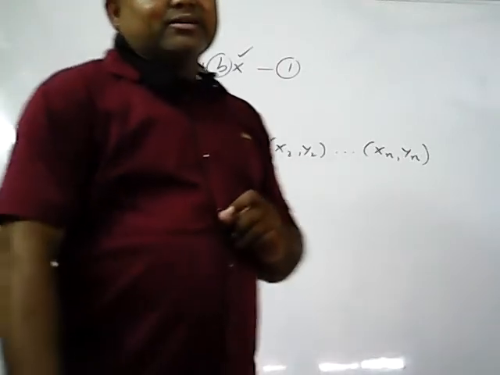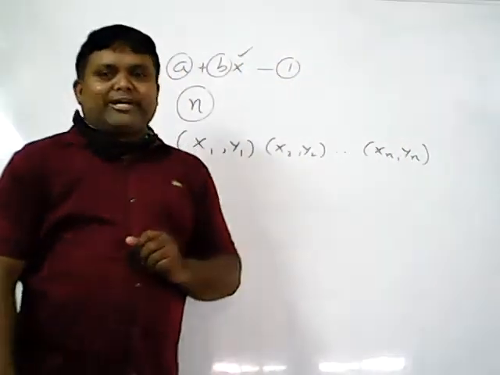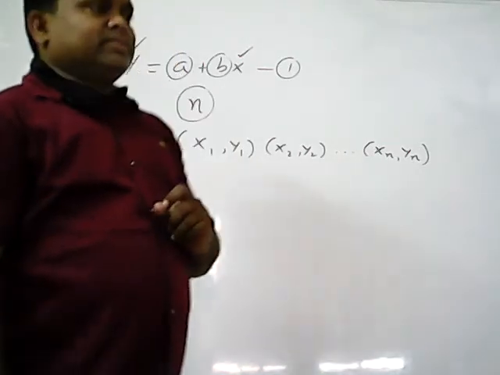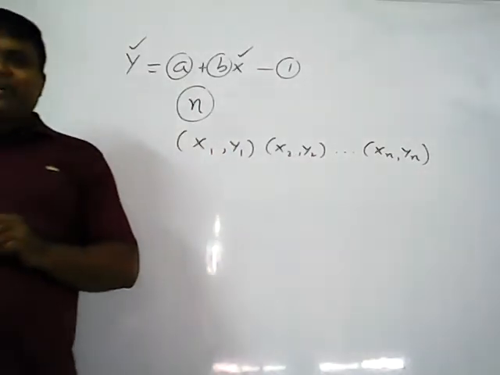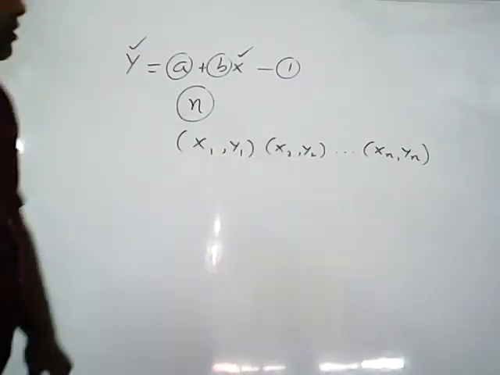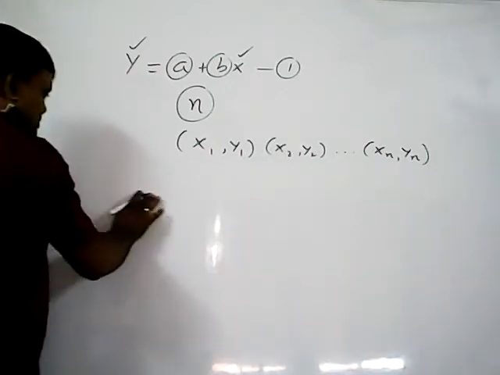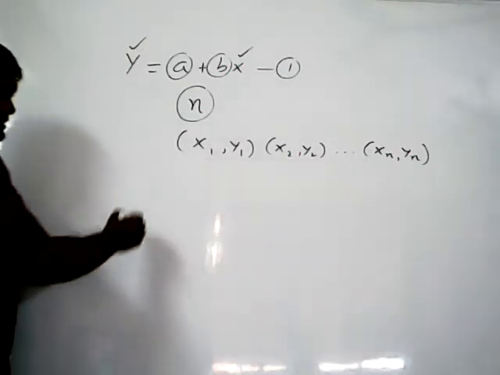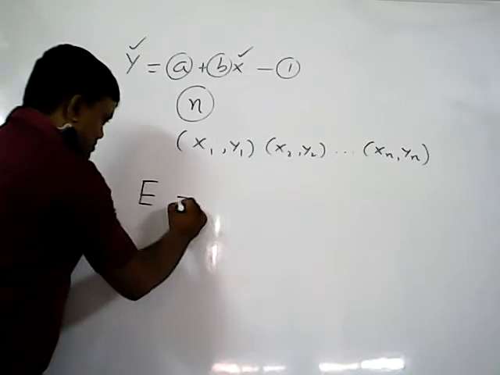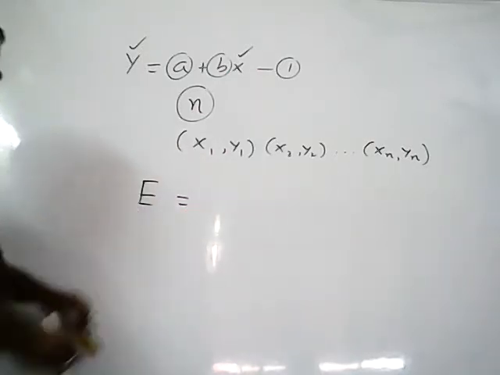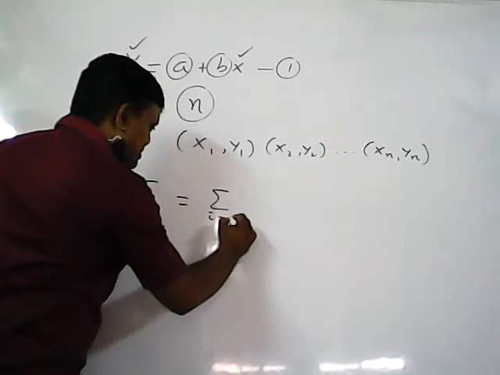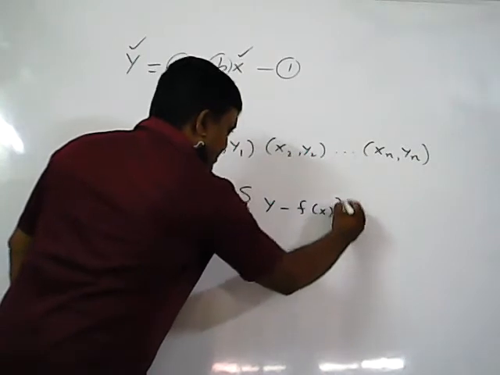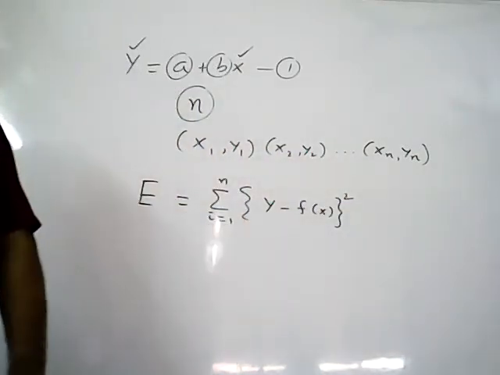The sum of squares of error residual of y is given by E. What is the E formula? Summation i equal to 1 to n of y minus f of x, whole square.